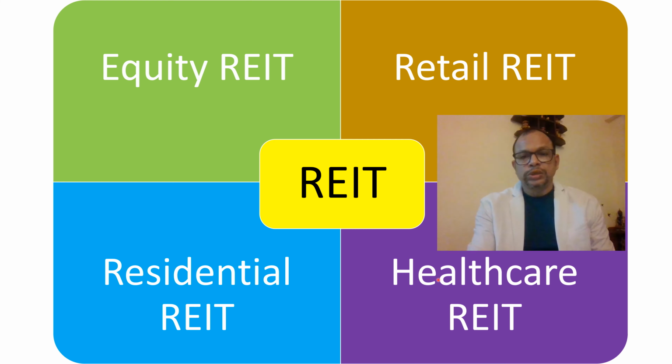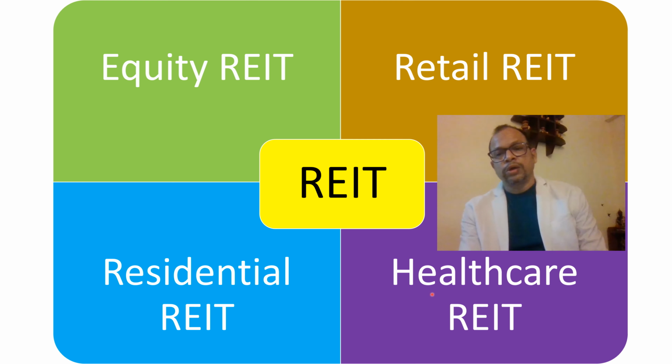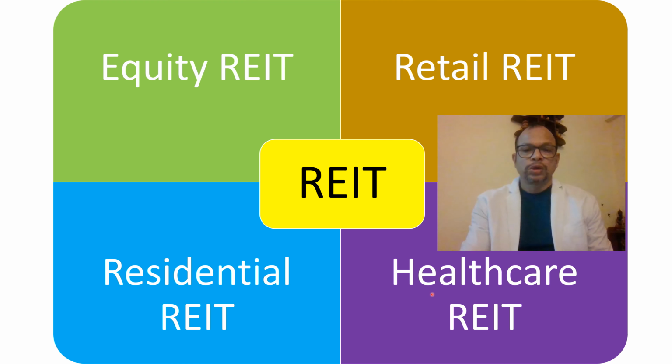The other is the healthcare REIT, which is used in the healthcare sector only, hospitals, nursing homes. And the fourth one is the residential REIT, which is used in apartments in the residential sector.